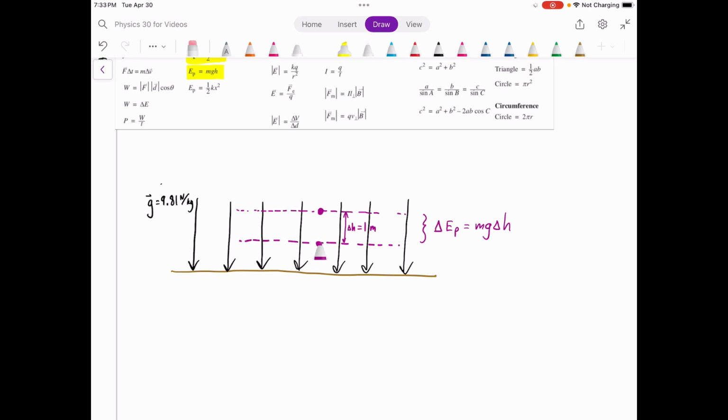An apple would gain a different amount of potential energy than an elephant would. But it's so close. We know that it really just depends on this and how high we're moving it. We just can't actually say how much gravitational potential energy because it could be any mass, right?